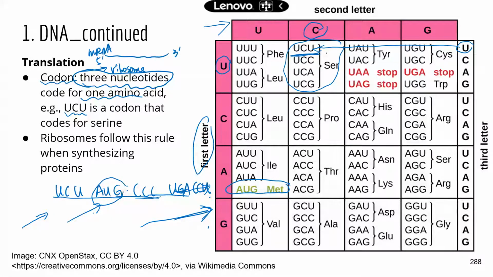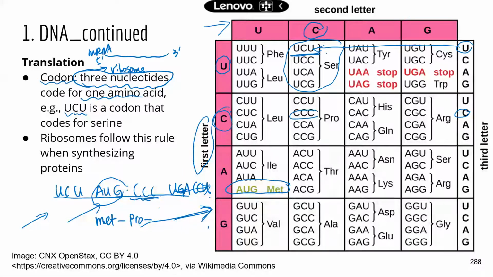So when it gets to AUG, it knows, okay, I'm going to start grabbing amino acids, and I'm going to make a polypeptide chain. So it's going to add a methionine, and then it keeps iterating, right? Now it's going to go to the next codon, which is CCC. So C, the second column, and then C here. So CCC codes for proline.